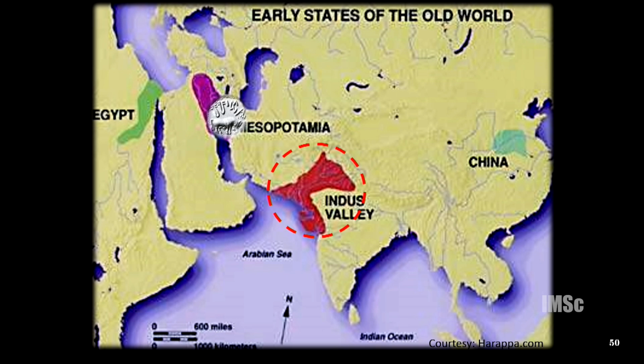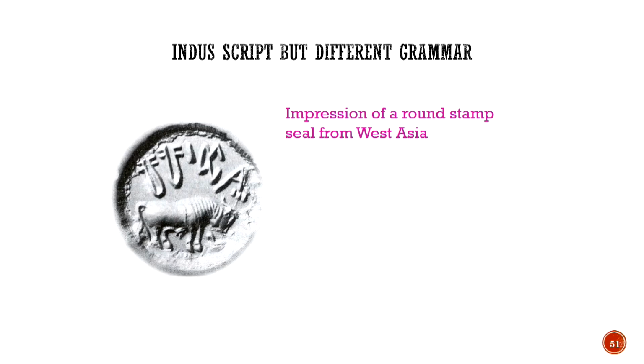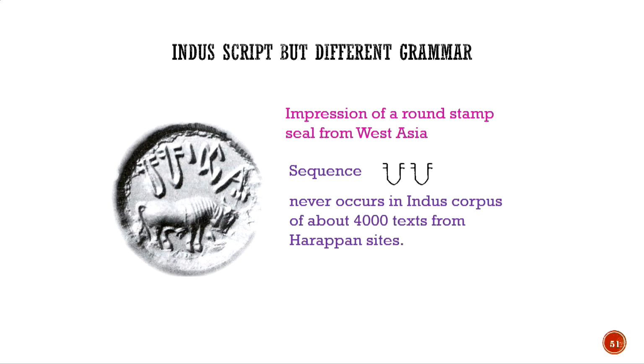The script is clearly Indus. So we can do likelihood studies based on our model for these kinds of West Asian texts coming from the seals which were discovered at West Asian sites. So this is the seal we are talking about. This is an impression of a round stamp seal from West Asia.